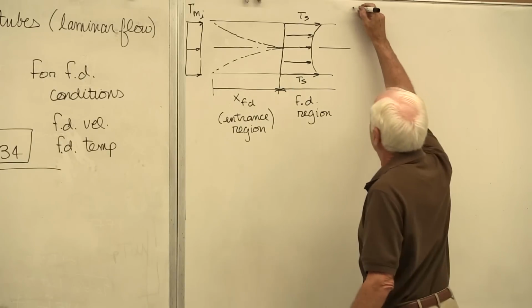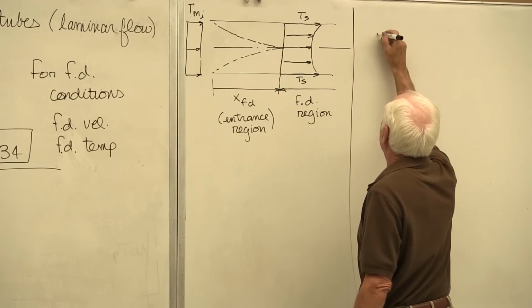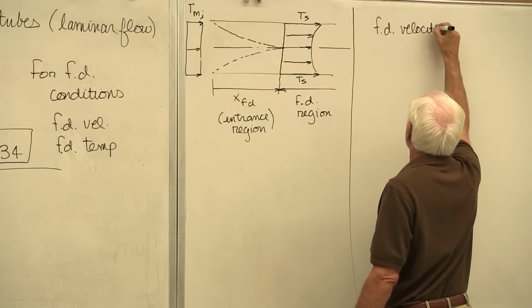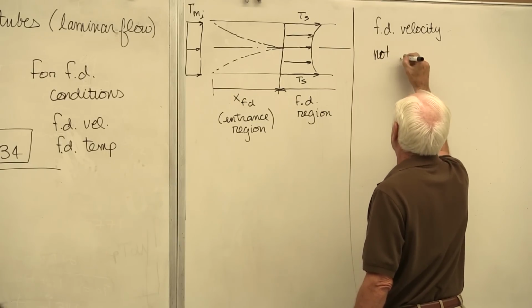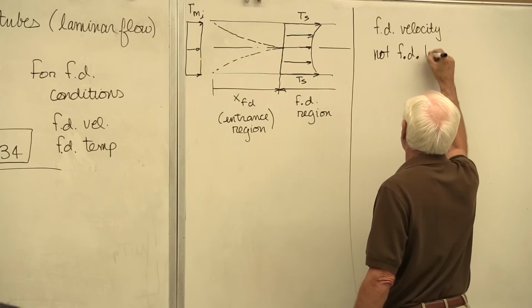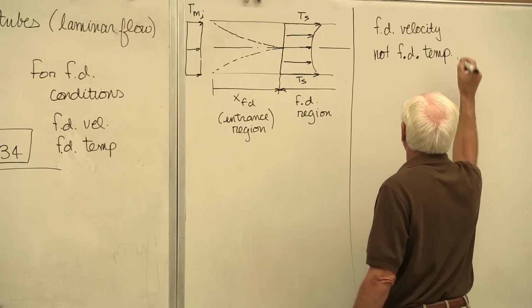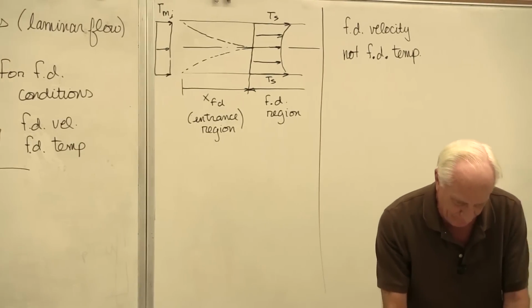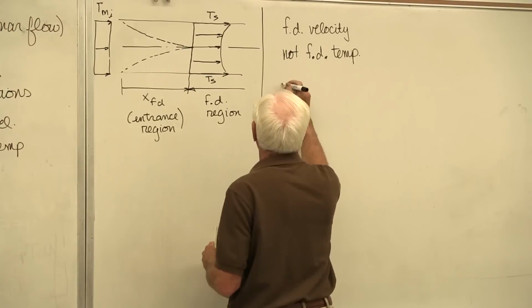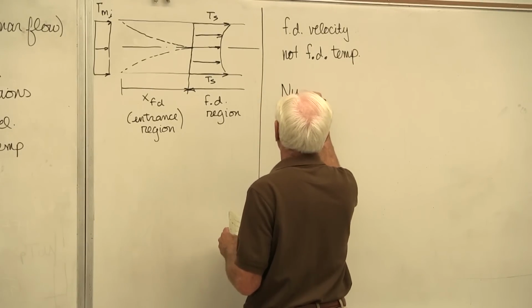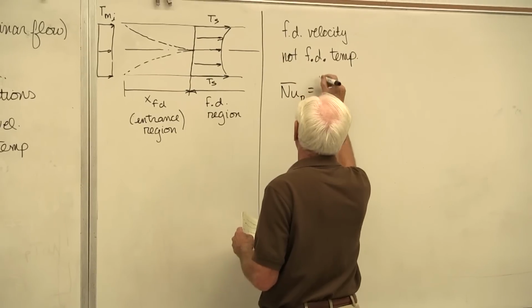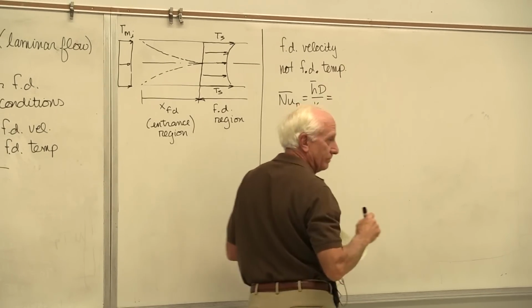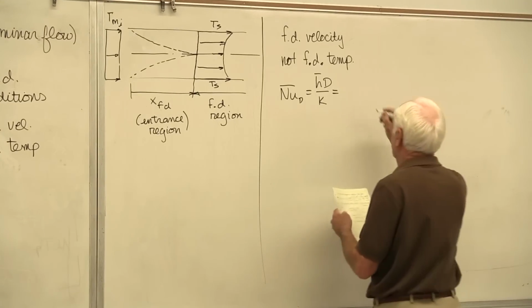Well, how do we handle those? All right, we'll take one right now. Let's take fully developed velocity, not fully developed temperature. If you do that, the equation for the Nusselt number, if you go through the derivation, this is what you end up with.